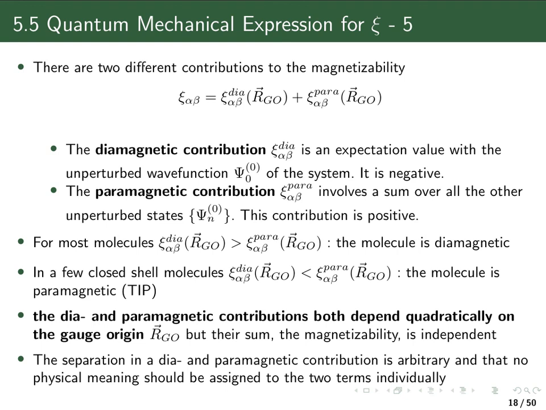The choice of the gauge origin, of course, is free. One can choose whatever one wants. But that also means that the diamagnetic and the paramagnetic contribution as separate contributions are not well defined, because their values depend on where you have put this arbitrary gauge origin. The sum, however, is independent, as it has to be.